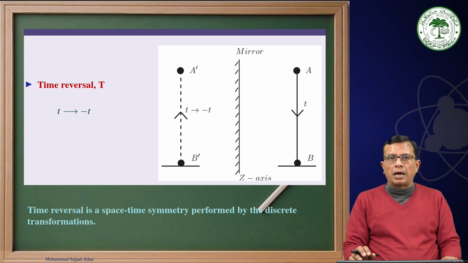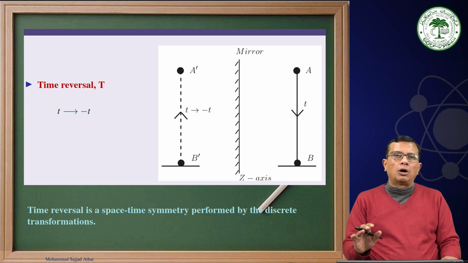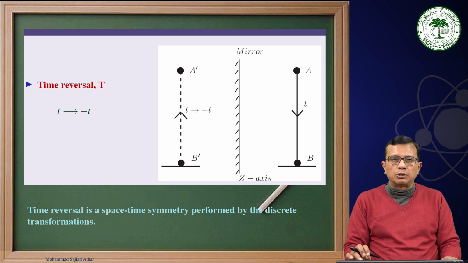Now, if the Hamiltonian of the system commutes with the parity operator, charge conjugation operator or time reversal operator, then the quantum number associated with that operator is a good quantum number.